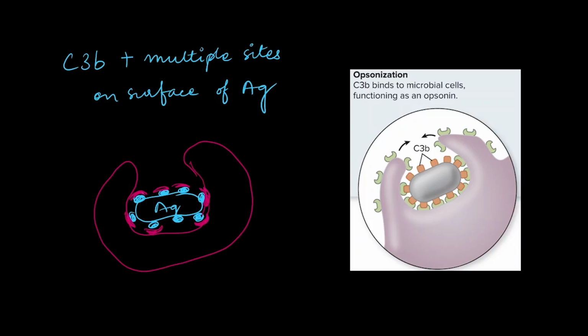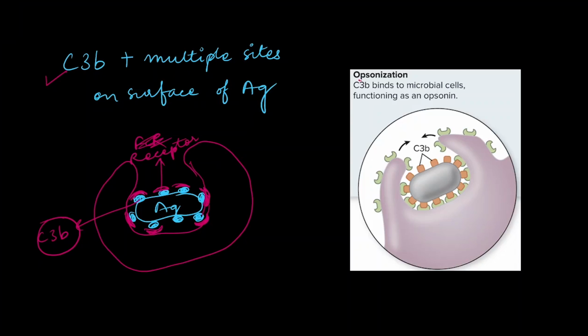So these are the Fc receptors, or rather any receptor on which the C3 molecule will bind, and here the blue one is a C3b molecule. So this is how C3b acts like an opsonin, and it promotes the opsonization process.